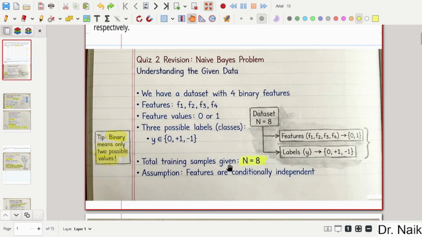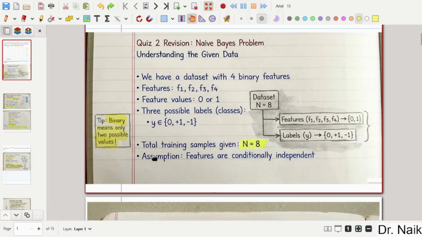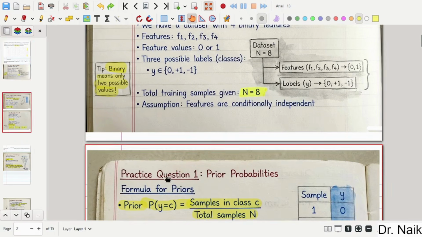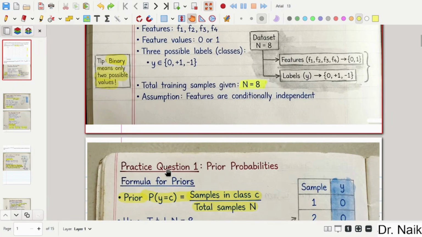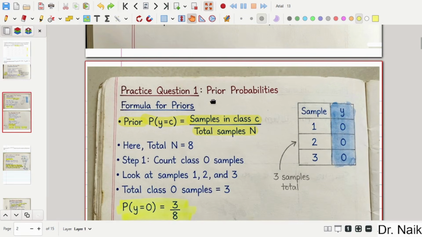So total training samples given to us, capital N, is equal to 8. So binary means 2 possible values. So a feature has only 2 possible values, 0 and 1.